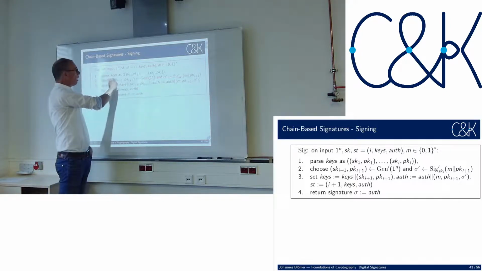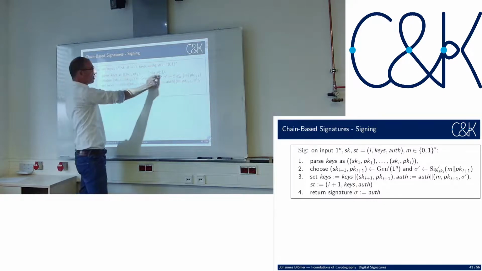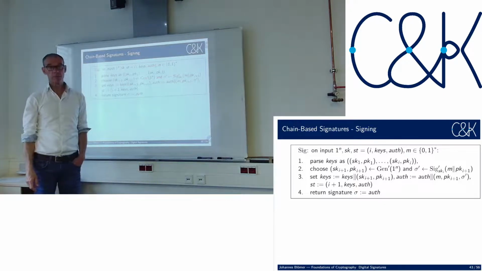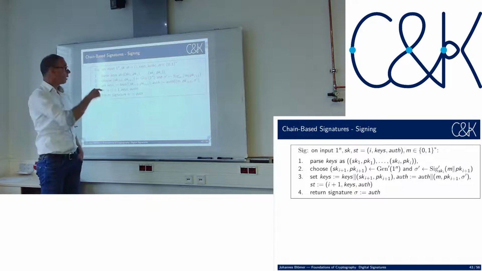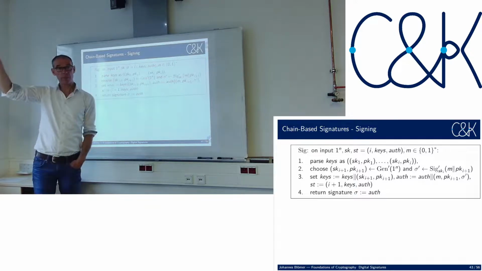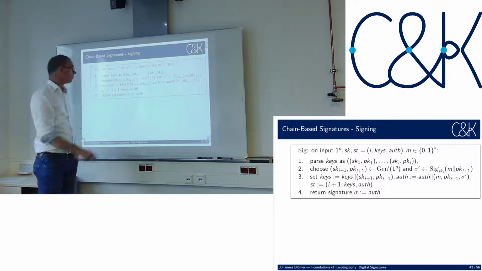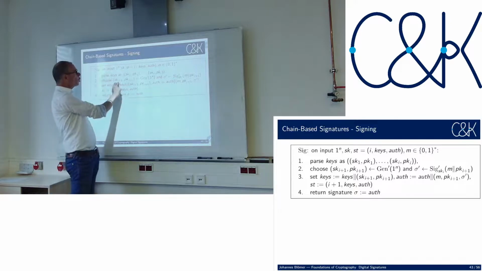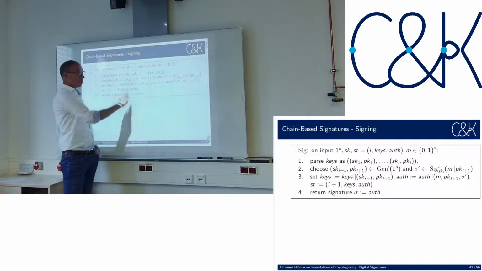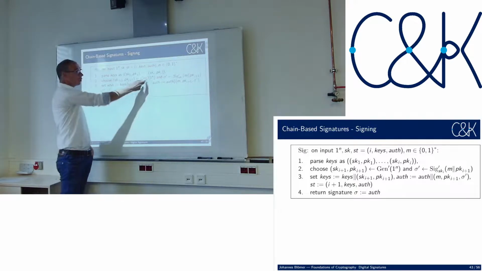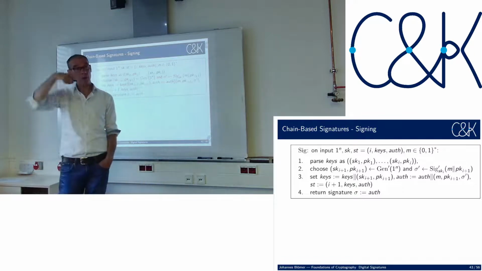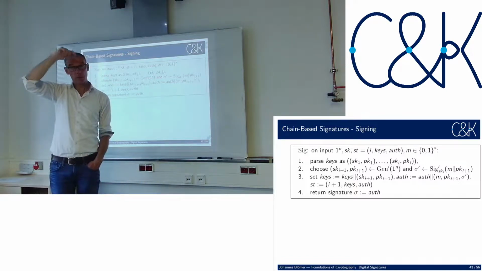You pass the keys as a list of secret key, public key pairs, SK1, PK1 up to SKi, PKi. You choose an (i+1)st key pair using the key generation algorithm of the original scheme.